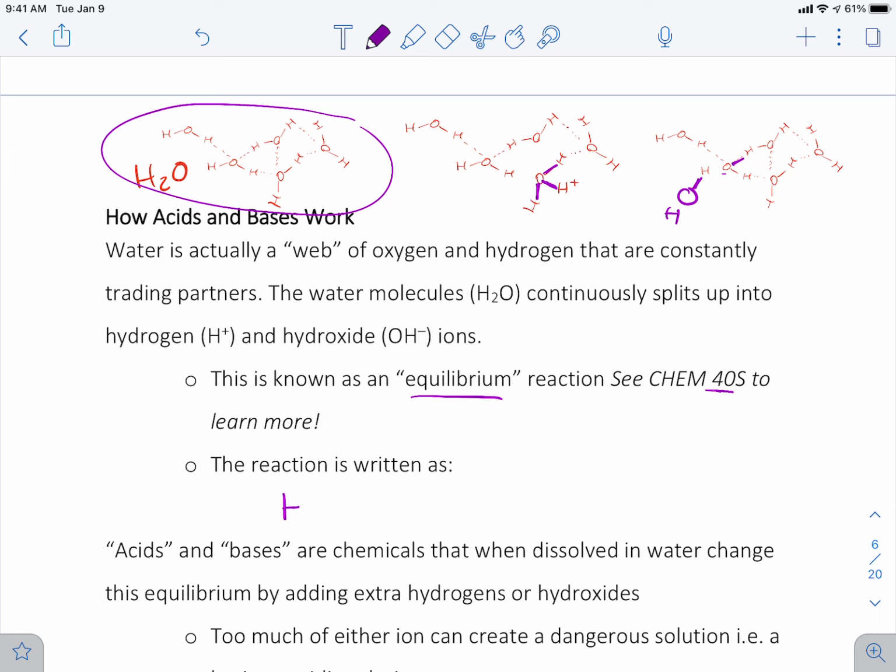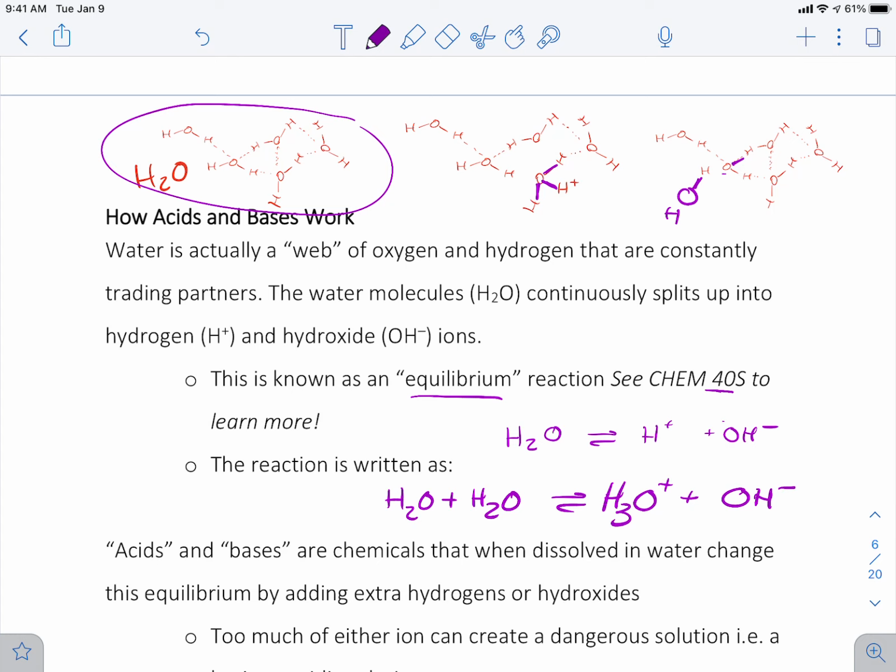And so that's the idea that water can break apart and form back together into H plus and OH minus ions. Or, depending on who you talk to, they might describe it as a reaction between two water molecules, H2O plus H2O, where two water molecules change partners and form H3O plus and OH minus.